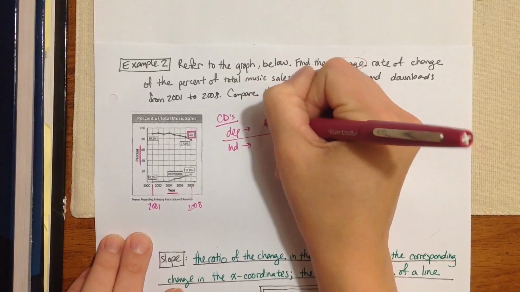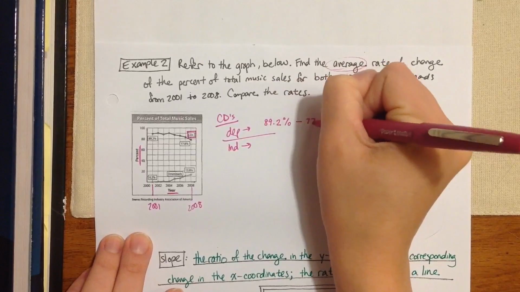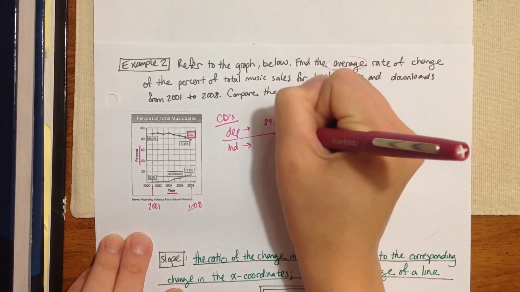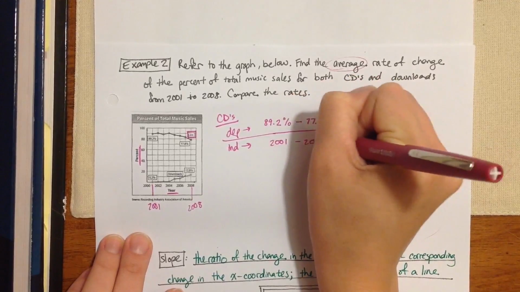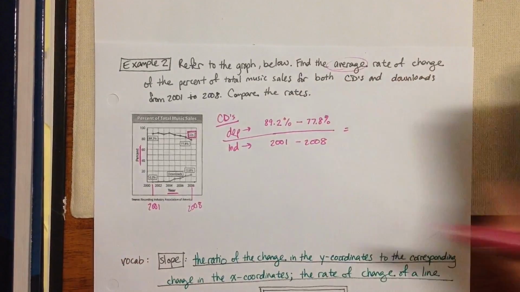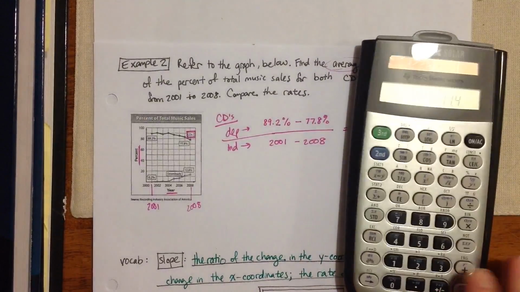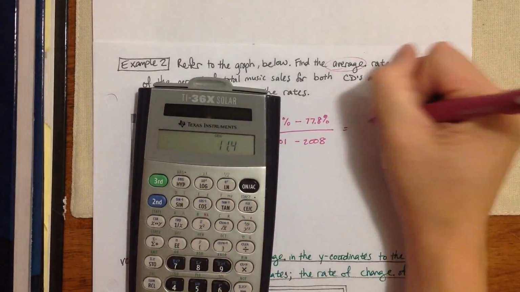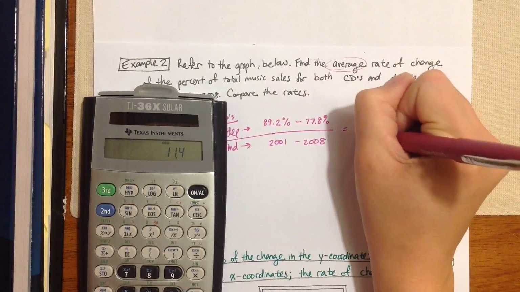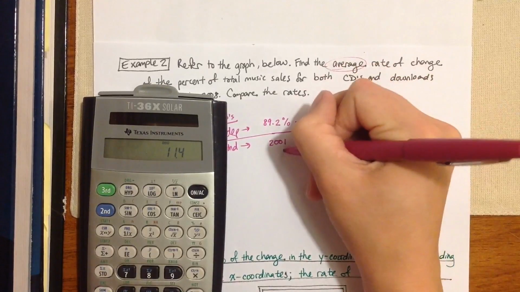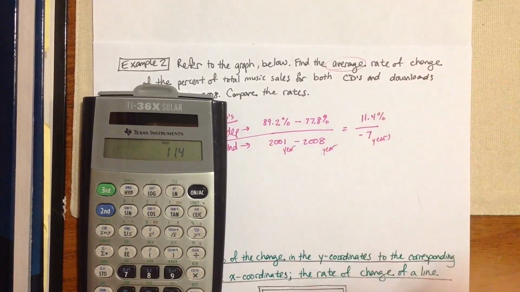We have for the CDs 89.2% minus 77.8%, and that is all over 2001 minus 2008. Okay, 89.2 minus 77.8, I get 11.4% divided by negative 7, and really I should say this is the year, so 7 years have passed.